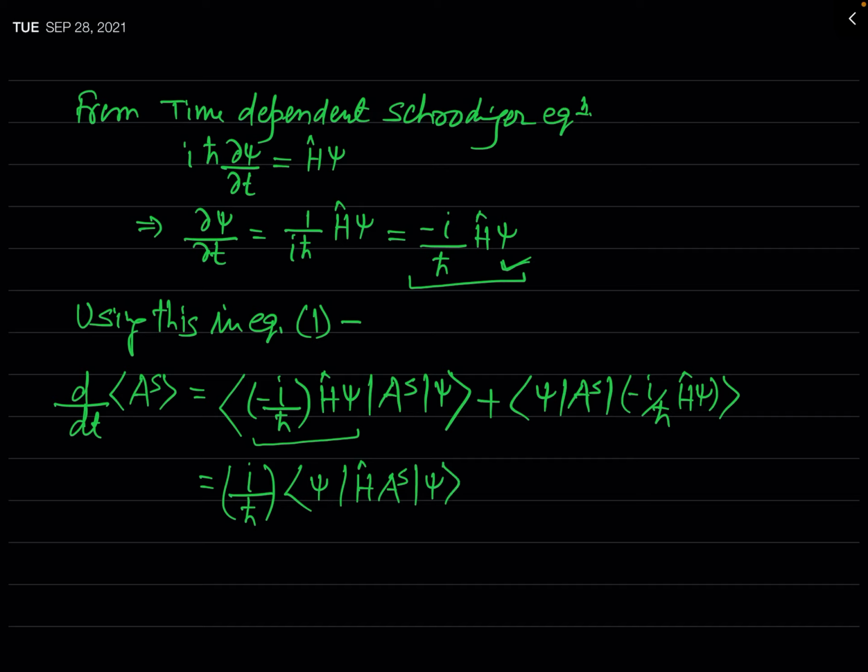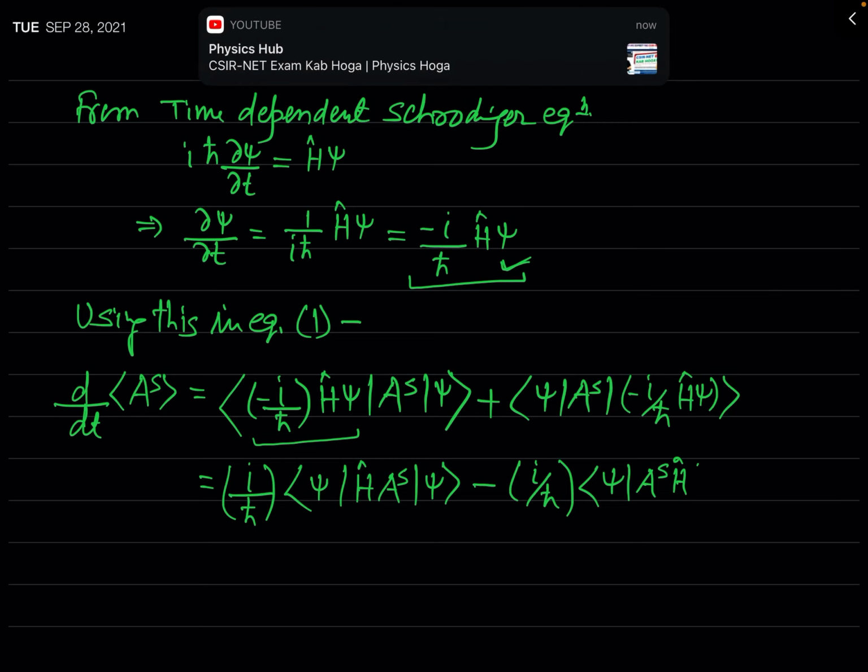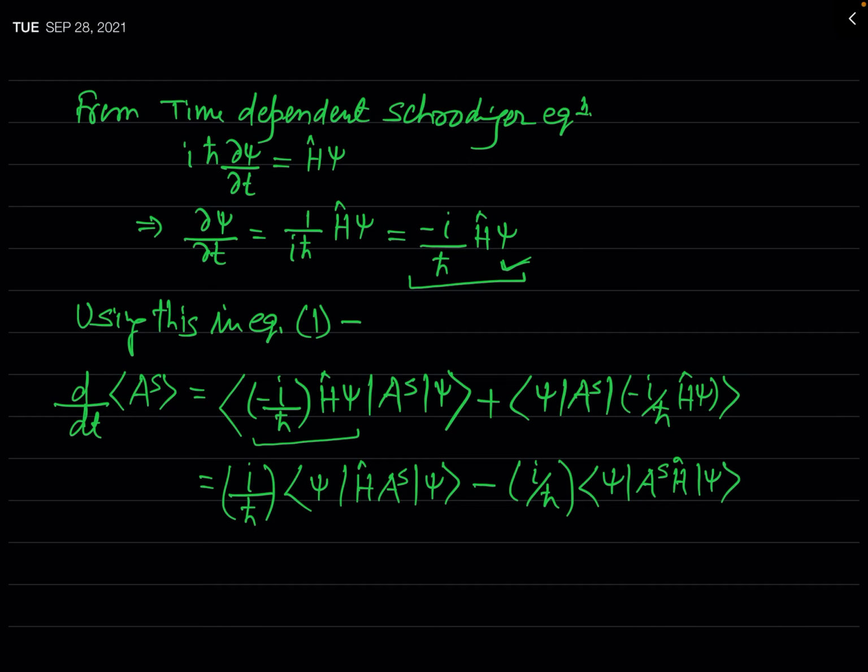And here there is a factor minus i by h bar, so we take the minus sign here. This is minus i over h bar, bra psi AS H hat, and ket psi.